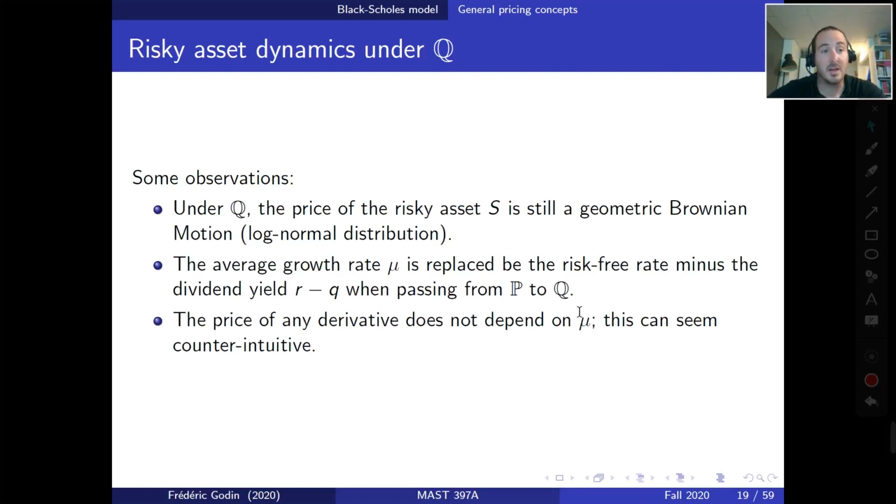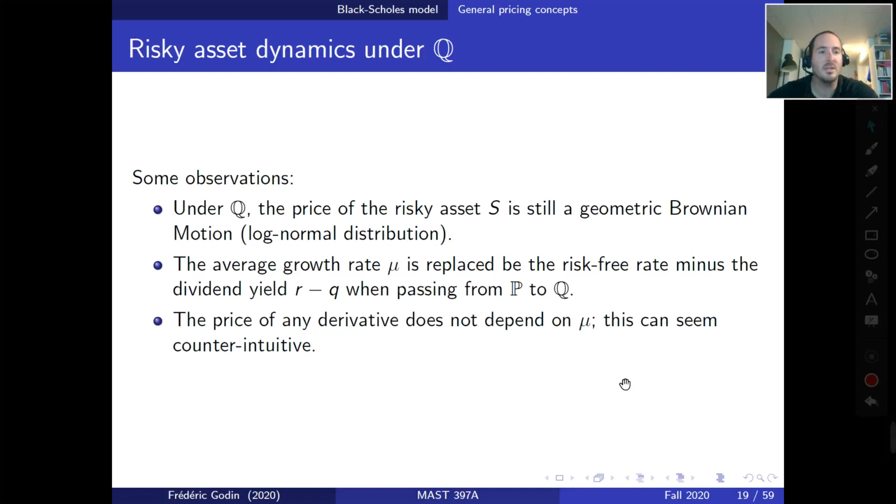Because of that, the price of any derivative does not depend on the parameter mu. The average rate at which the stock price grows through time doesn't appear anywhere in pricing formulas for derivatives. This again is counterintuitive, but it's the same thing that happened in Chapter 2.